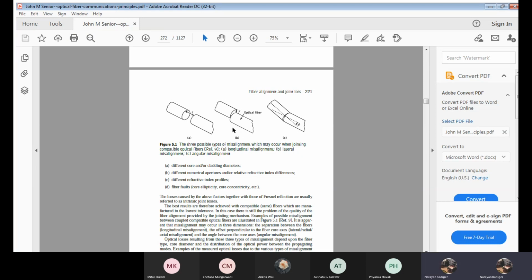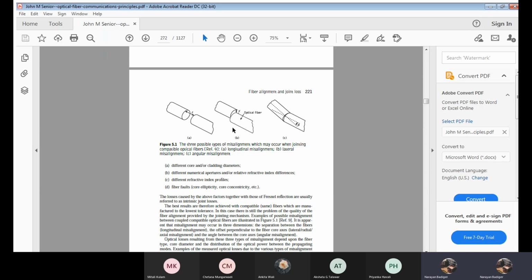Now we'll study some figures or numbers associated with these three types. There may be some deviations in the geometrical properties or optical parameters of both the cables during the joints or during optical communication, so both sets of parameters may not match sometimes.